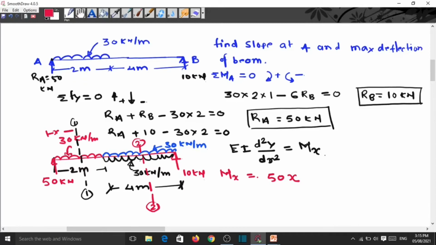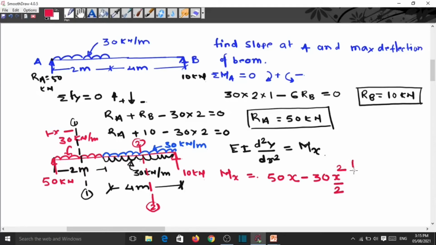Then this UDL creates the hogging bending moment, so minus 30 into x by 2, that is x square by 2. This is the first section.